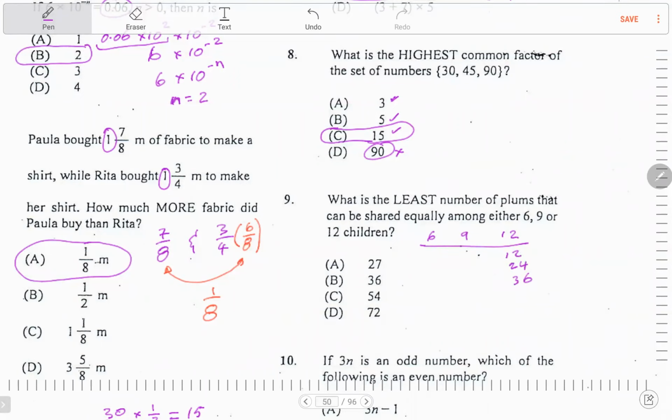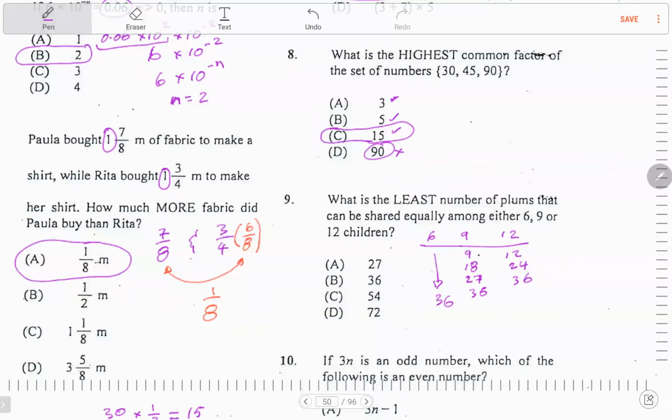And the multiples of 9 will be 9, then 18, then 27, and then 36. So we reach 36 already, and the 6 also works its way up to 36. So the lowest common multiple is 36.